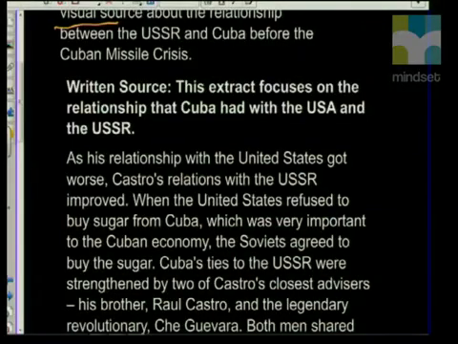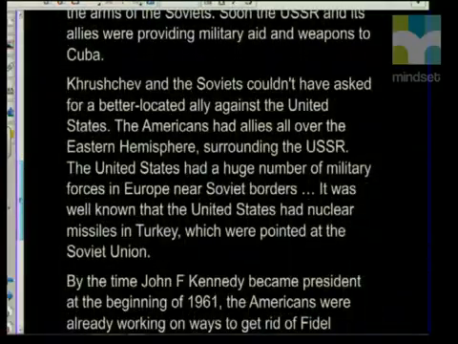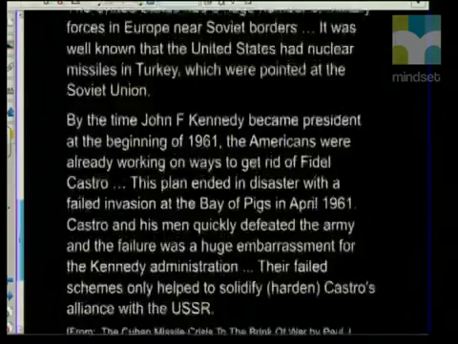This extract focuses on the relationship that Cuba had with the USA and the USSR. Now, I'm not going to read the entire source with you, okay? I just want you to see, okay, this is how long it is. It's going to have information that will be used to answer the question, okay? It's about that relationship between the two.